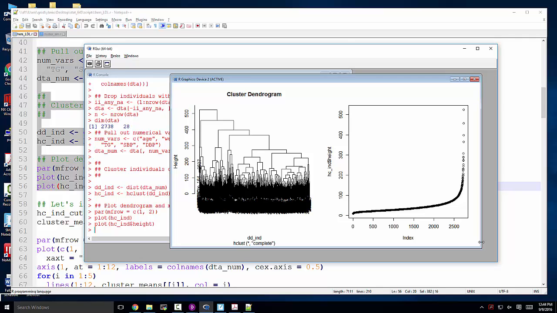The merge heights, we're looking for where they stop dropping substantially. Once the merge heights are down in the weeds like this, when we're putting things together with those distances, we're going to think of those as indistinguishable from just random associations.